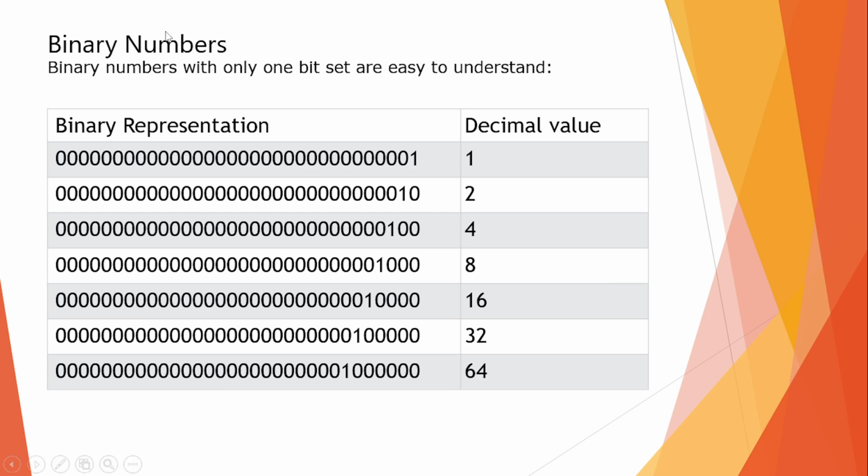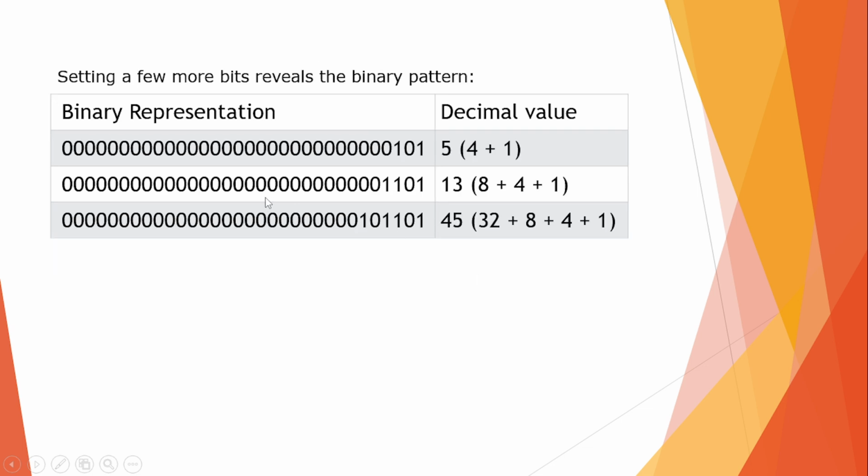Binary numbers. Binary numbers with only 1 bit set are easy to understand. Here we can see the binary representation of numbers. Setting a few more bits reveals the binary pattern, meaning if we set one more bit, it will return another number.